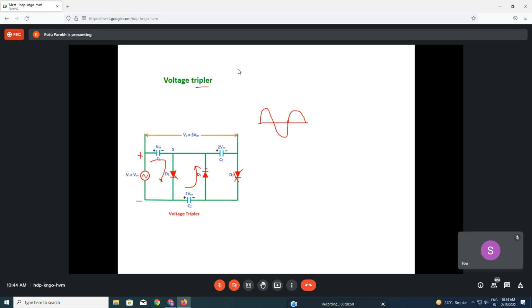Because of the polarity, these two will be disconnected, reverse biased. So why will D1 be disconnected? During the second positive half, diode D3 is forward biased, and D1 and D2 are reverse biased. And D1 is reverse biased because why?